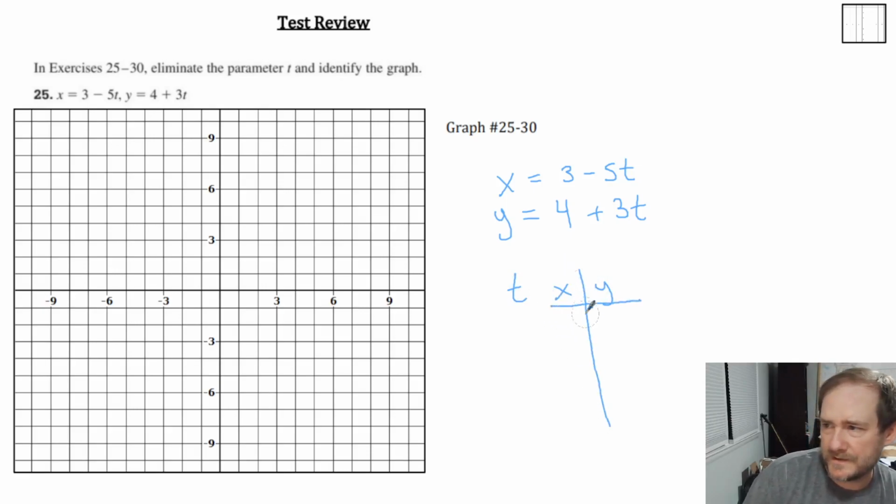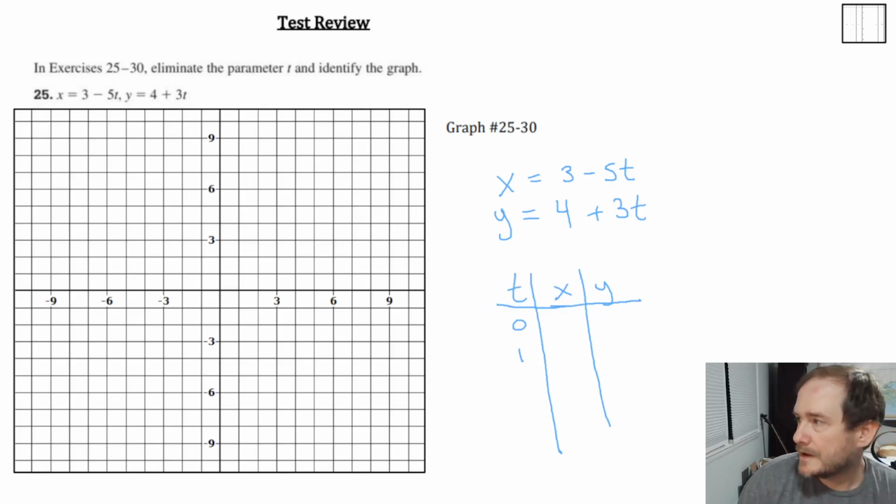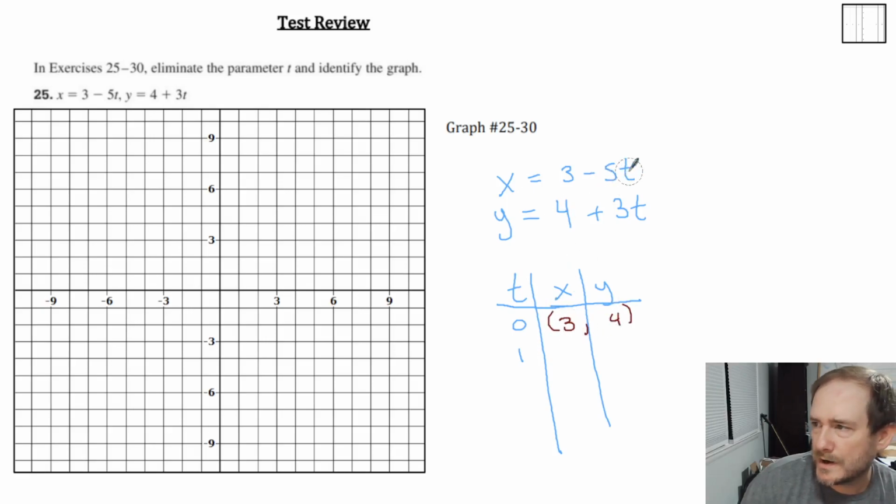A t-chart is the T shape that makes your x's and y's, but it also has t in it. The easiest things to evaluate would be 0 and 1. Plugging in 0 gives 3 and 4, so you pass through the point (3, 4). Plugging in 1 gives negative 2 and 7.